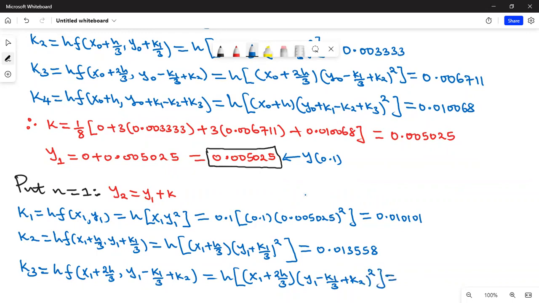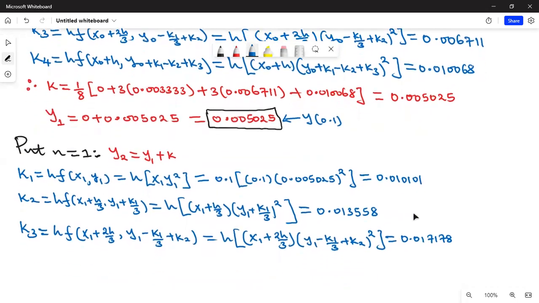So substitute the values of x1, y1, h, k1, and k2, and press in your calculator. That should give you the value of k3 to be 0.017178. Finally, let's compute k4.